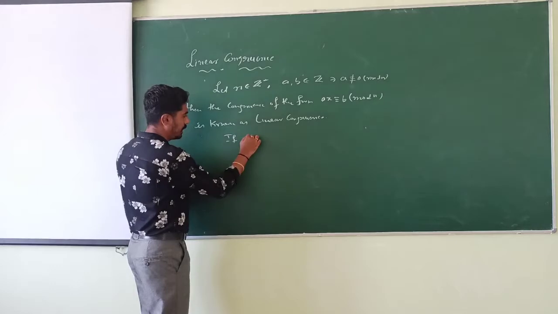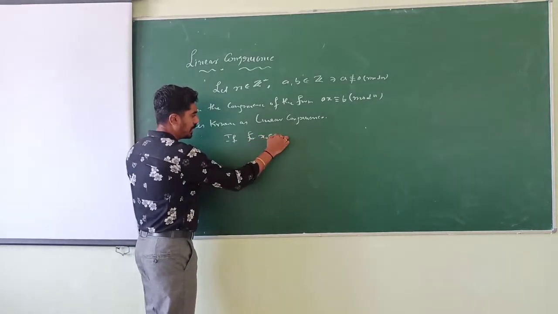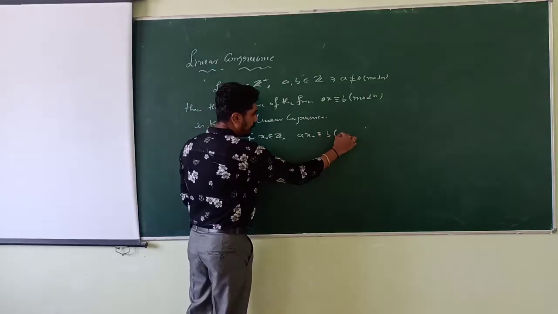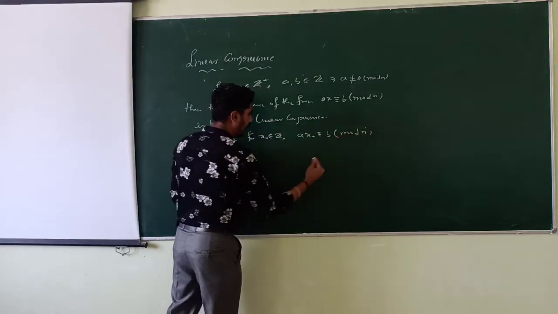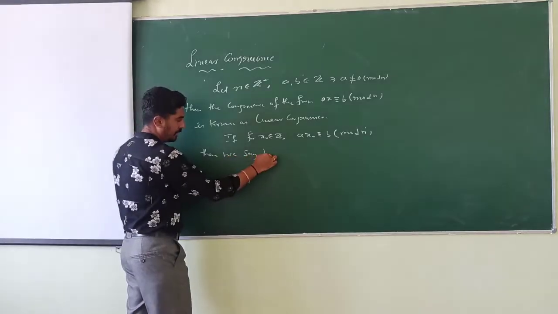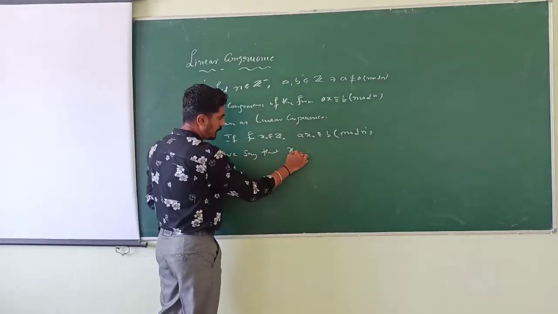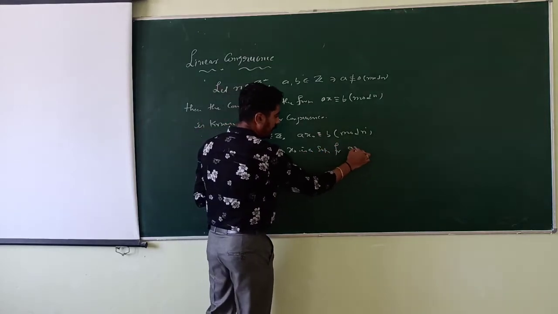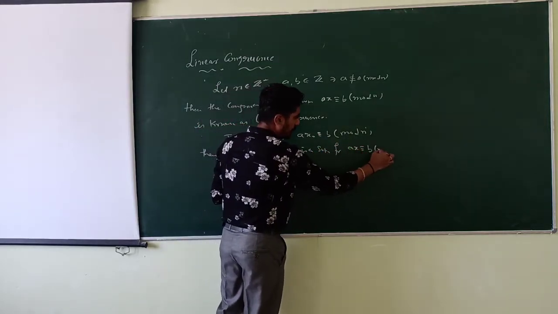If for x naught belonging to Z, a x naught is congruent to b modulo n, then we say that x naught is a solution for ax congruent to b modulo n.